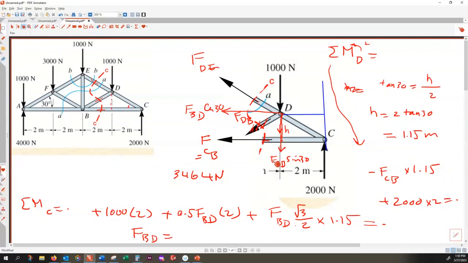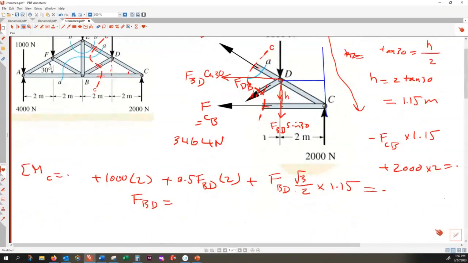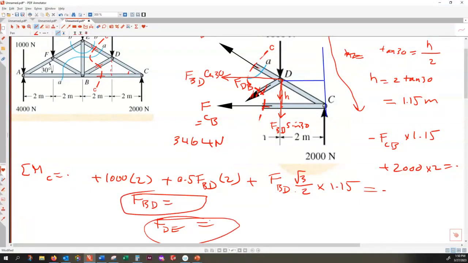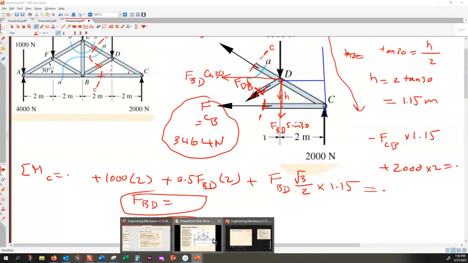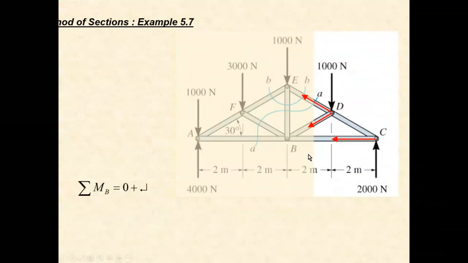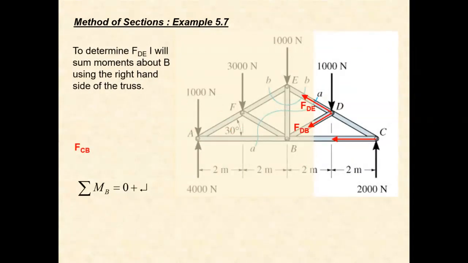And once I have FBD, the next thing is to sum up the forces vertically, and that gives me FDE. So 3 conditions we solve, and then we find the internal forces inside each individual member. The detailed solution for that, you find in the slide. The slide has all the details of the calculation for you. We just did some part of that.